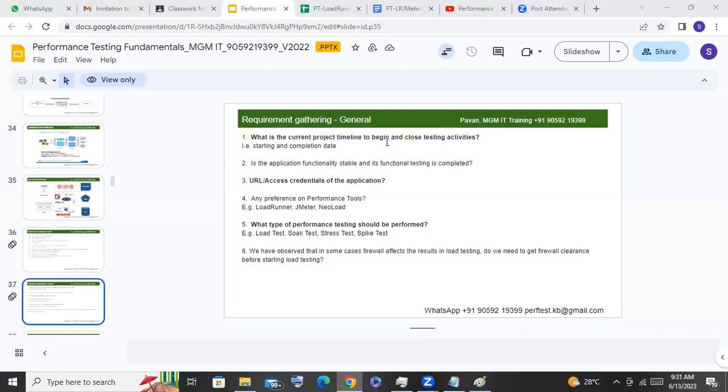So when you raise a bug in the performance testing, guys, saying that the performance of this application is not looking good, there would be a huge pushback, saying that the application might actually work properly and you are not testing it properly.